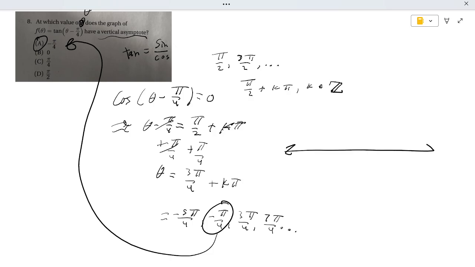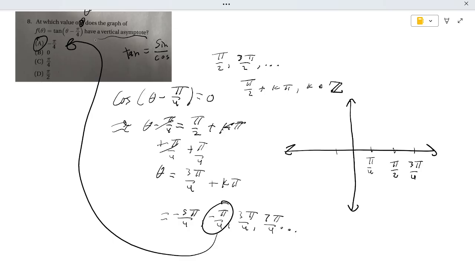To give you something to put a graph to with this, let's graph it. This is pi over 4, pi over 2, 3 pi over 4.